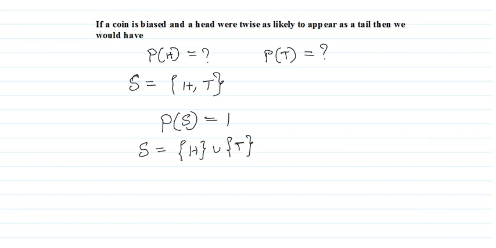It means if tail appeared, let's say, three times when you toss a coin three times, now the chance of getting head there is going to be 6.